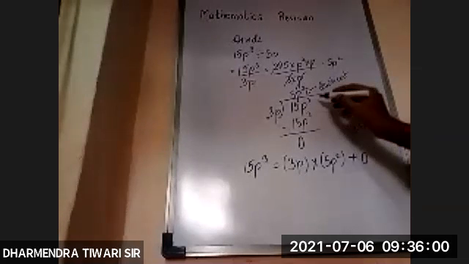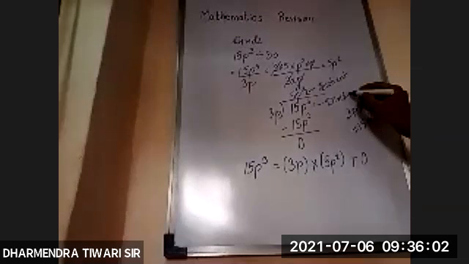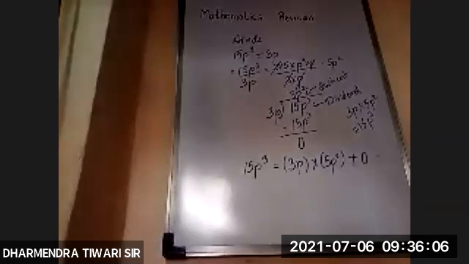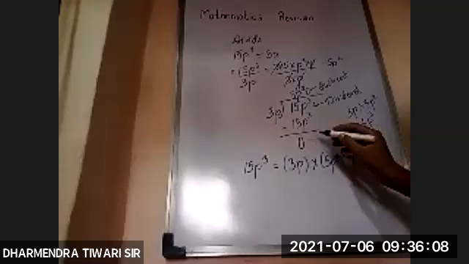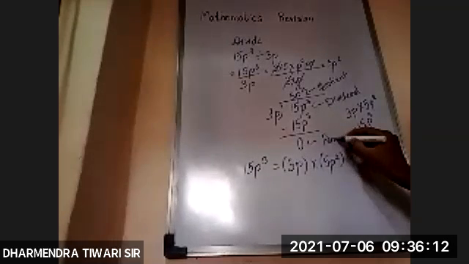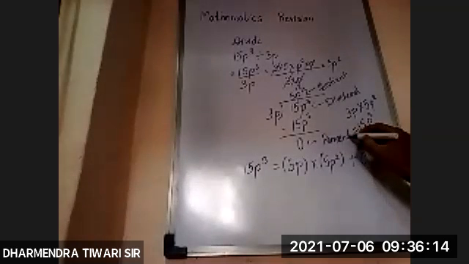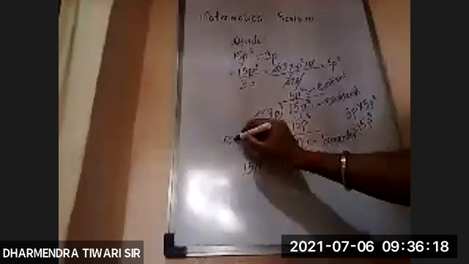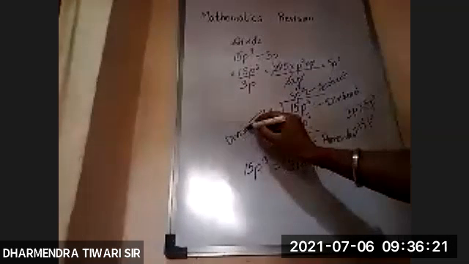This is our dividend. This is remainder, and this is divisor.